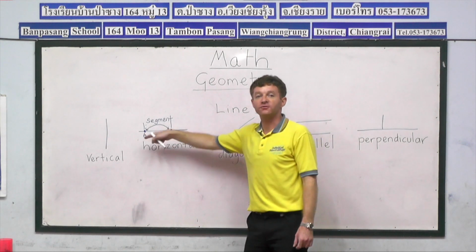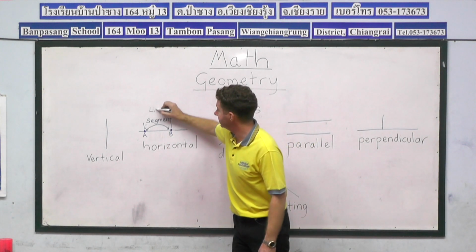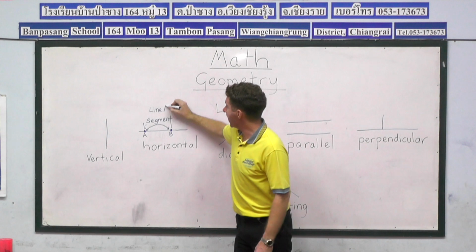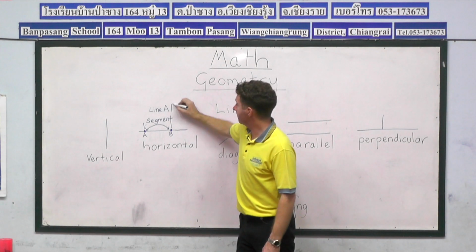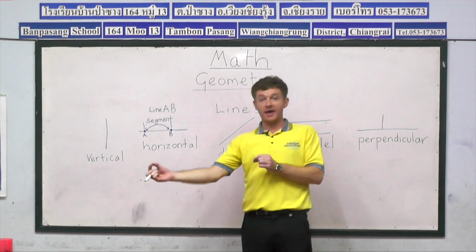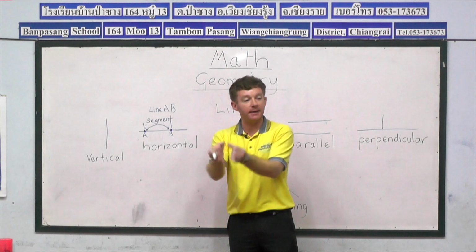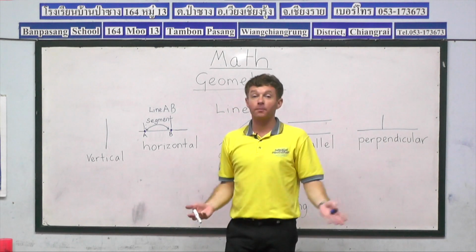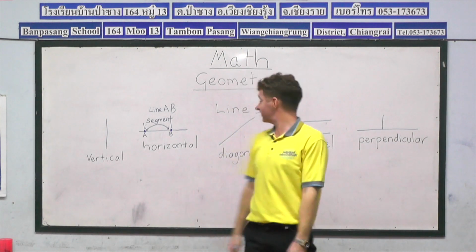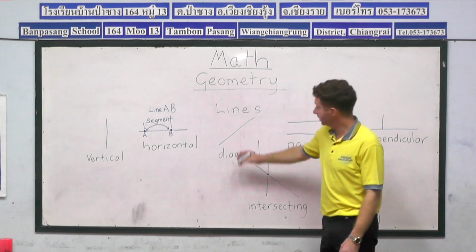So now the segment gets a name. We can call it line AB. Because it's between point A and point B, it becomes line AB. But we can change the points and we can change the letters. For example, we have our diagonal line.